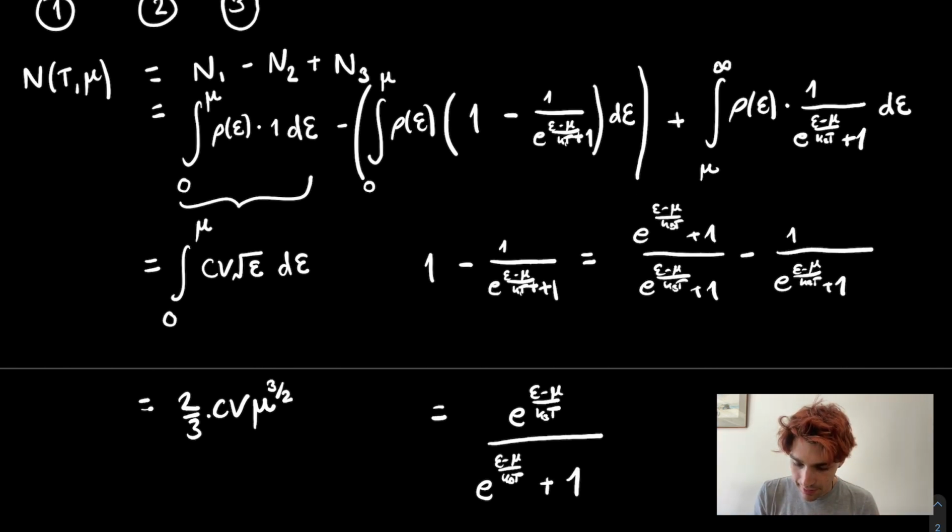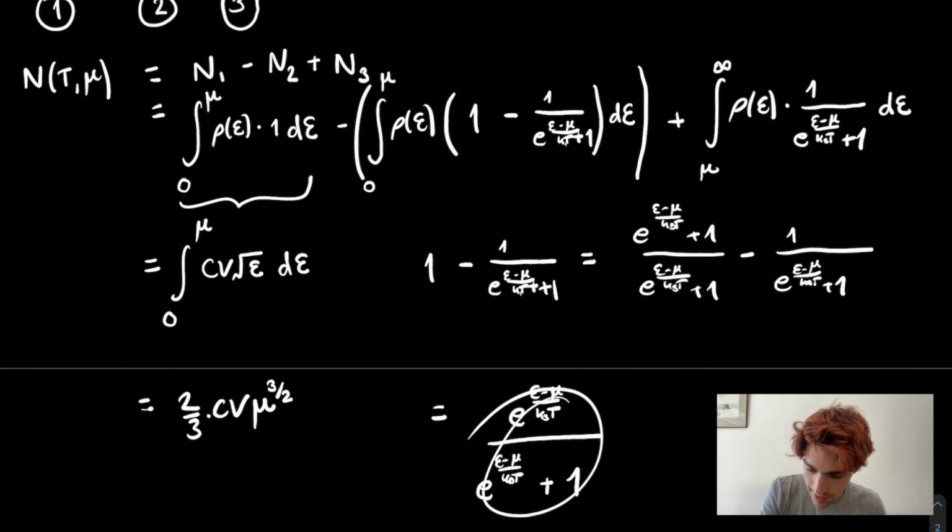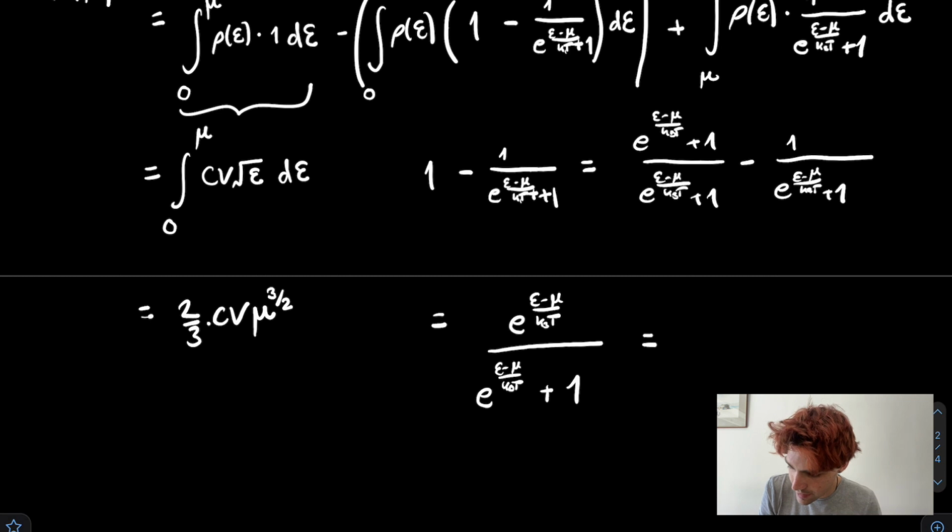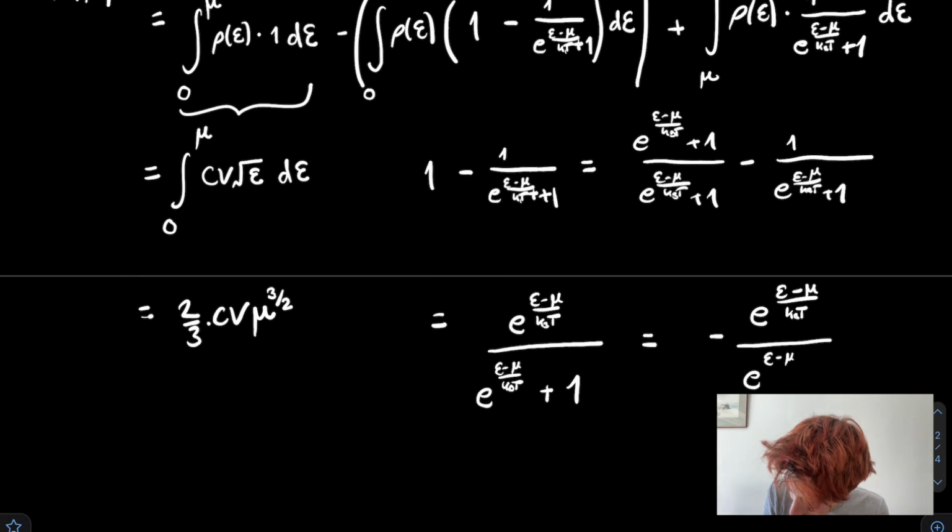Now we can notice that there is in fact a minus sign out the front right here. To change that into a plus sign, just to make our lives a little bit easier, we can absorb this minus sign into this right here. So just multiplying this whole fraction by minus 1, putting the minus out the front, which is going to be minus e to the (epsilon minus mu) over kBT divided by e to the (epsilon minus mu) over kBT plus 1.